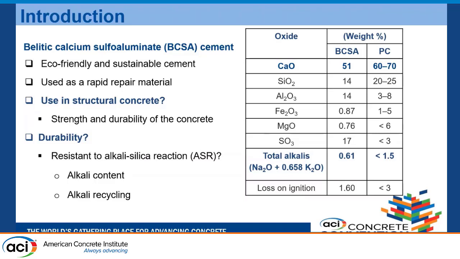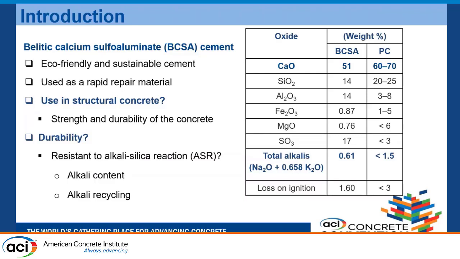For that, we have two things that need to be looked at. One is the initial thing, that is alkali content, and the other is alkali recycling. For alkali content, the cement has to have less alkali, so it supplies less alkali for the reaction, and you hope that less alkali means less ASR in the concrete.